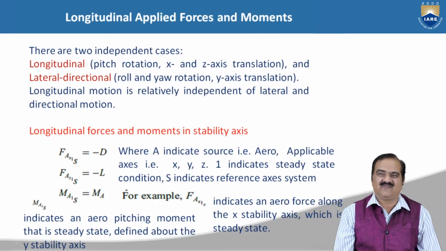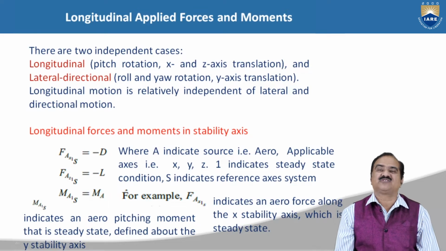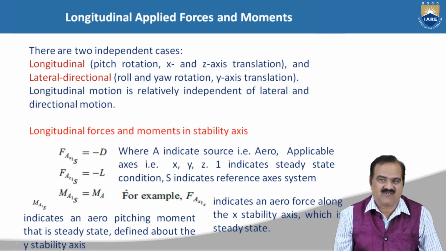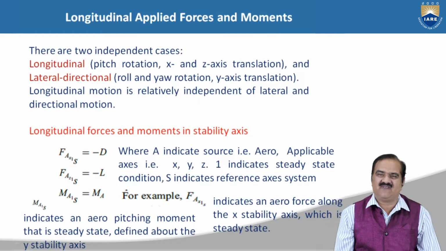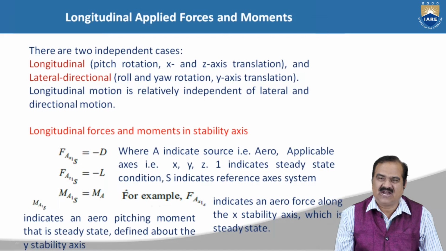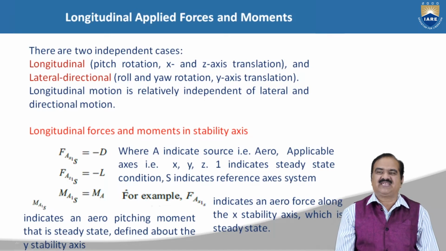In the same way, the other one is the moment, which is in the longitudinal axis, and here it is MA1S. Here I am explaining what type of subscripts are used and why we are writing so much in subscript format. For example, the first one is FAX1S. What is the meaning of each term here?